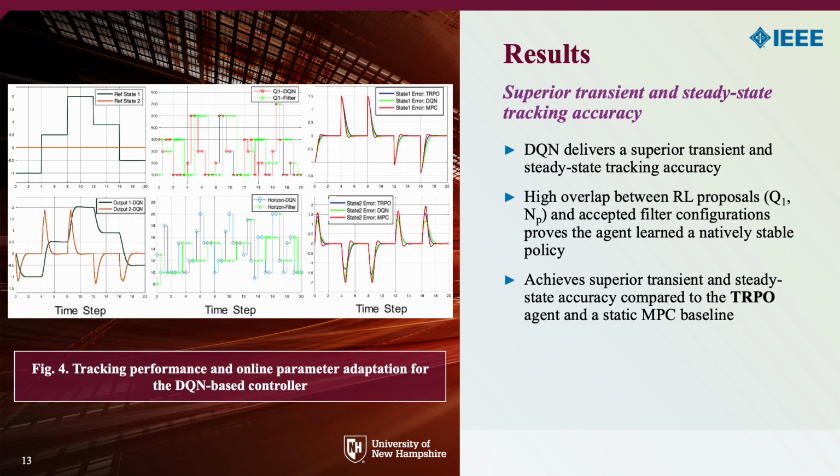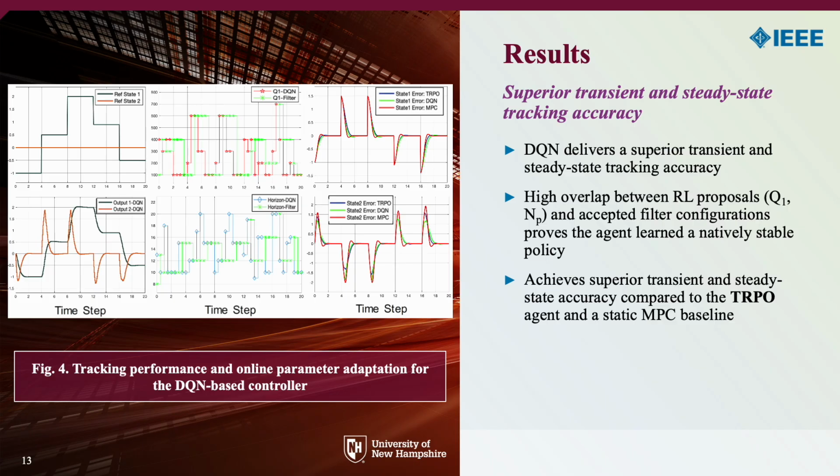Looking at the physical tracking performance on the left, the DQN tuning controller demonstrated very good transient and steady-state tracking accuracy, outperforming both the TRPO agent and the traditional static MPC baseline. More importantly, you can look at the middle column plotting the RL parameters.